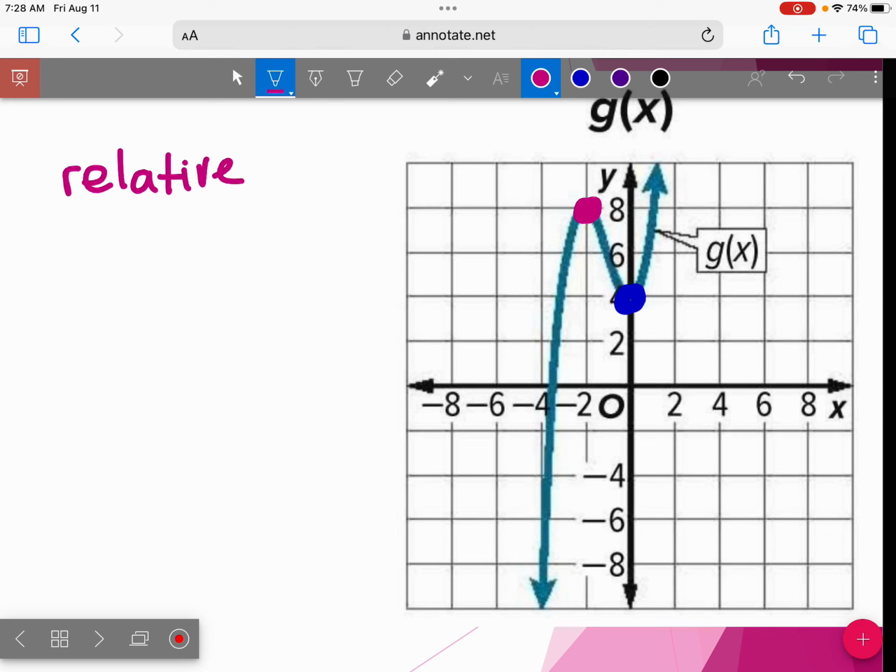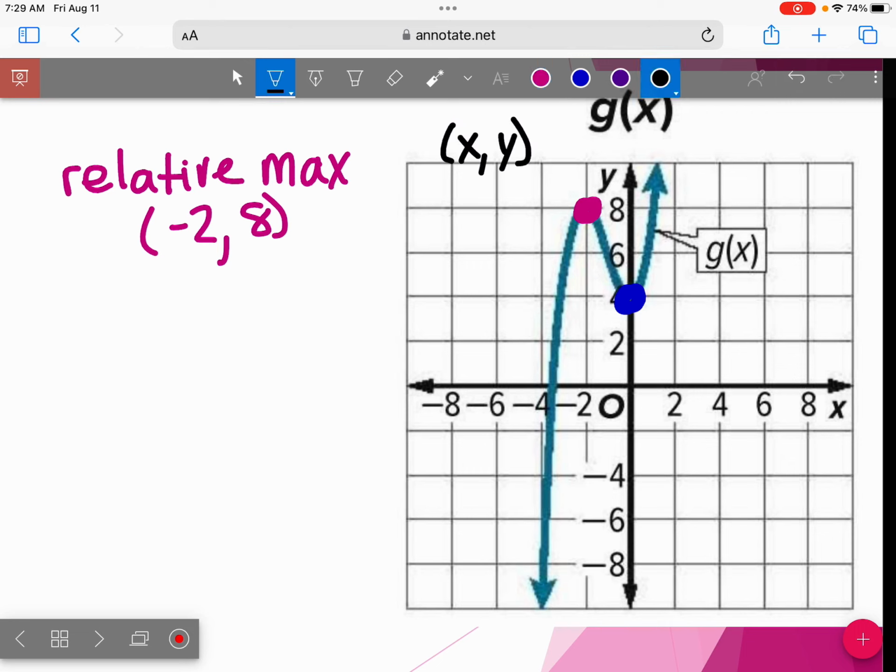So we have a relative max, I'm just going to say relative max, because that's way too many m's to write. At the point, and we're going to label it -2, 8. We're putting our ordered pair, that xy pair.